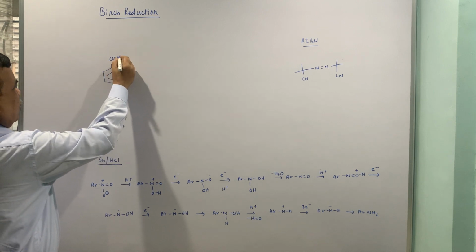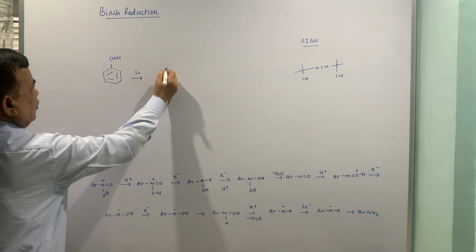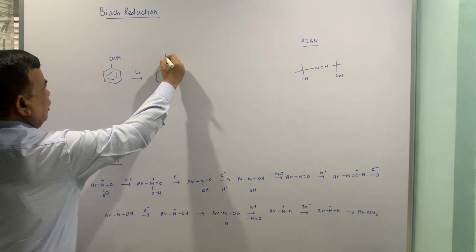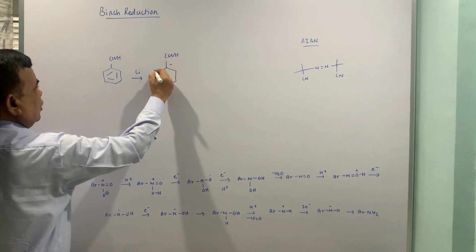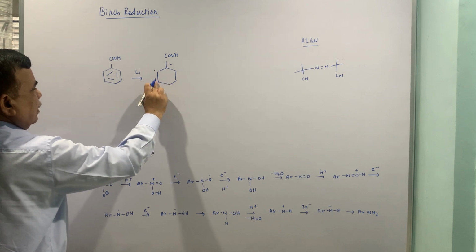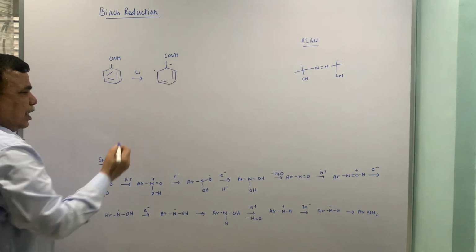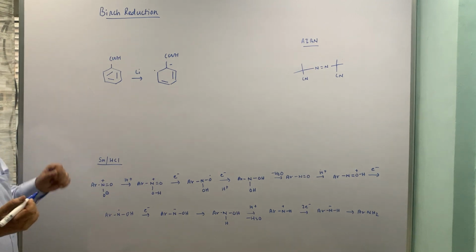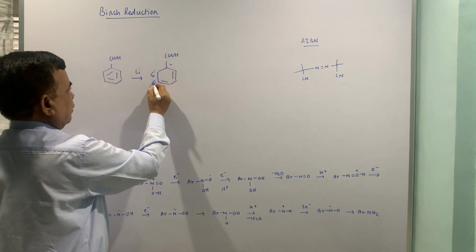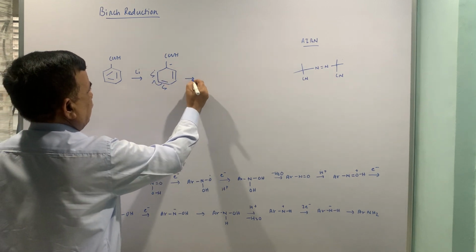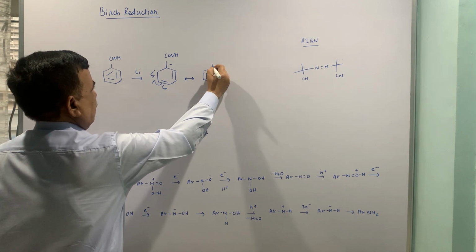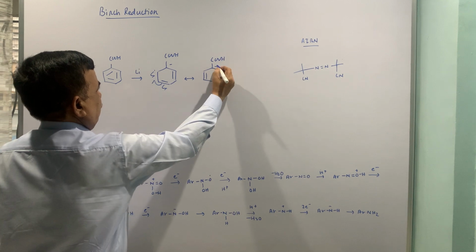So COOH. In the same way, lithium gives one electron, and now it will be a different situation. Now there will be a radical here and a negative charge on the carbon which is bearing the electron withdrawing group. In the same way you can draw the resonating structure, where electrons will move.